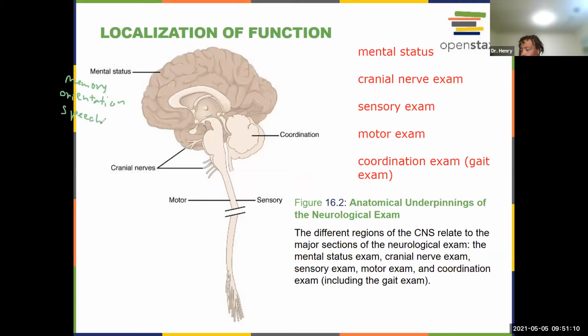So the cranial nerve exam is just going to test your 12 cranial nerves. In that case, you're going to be looking at your central and your peripheral structures, and things that could be feeding into those 12 cranial nerves.